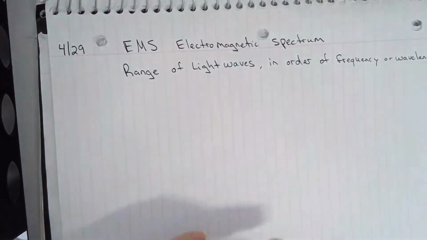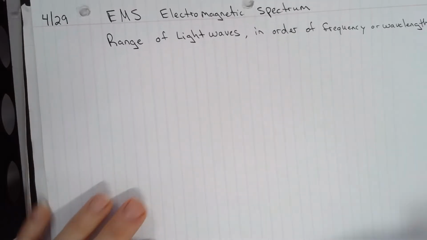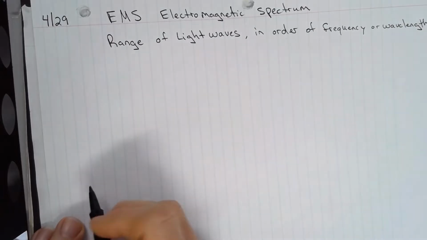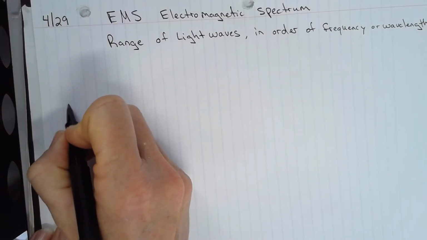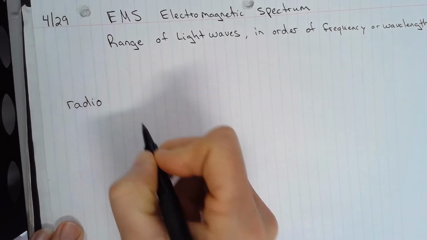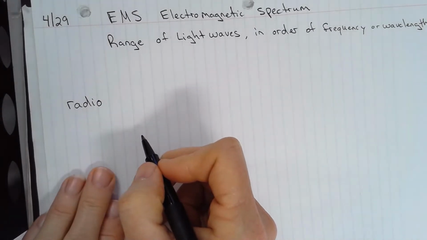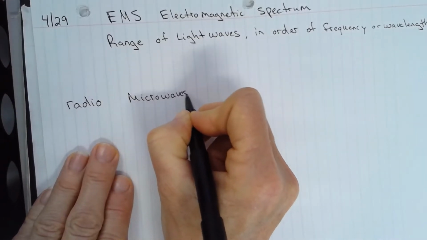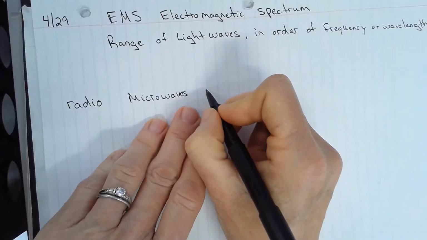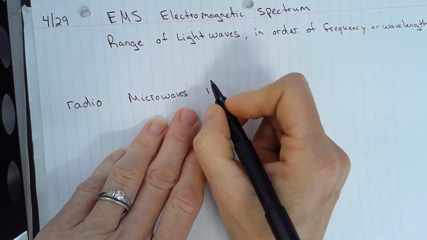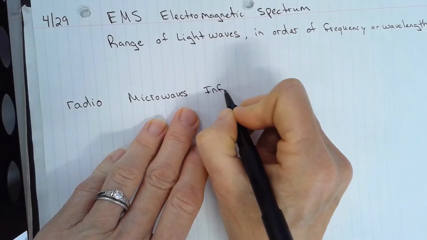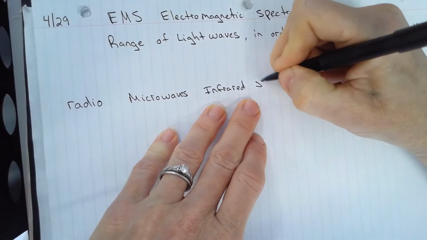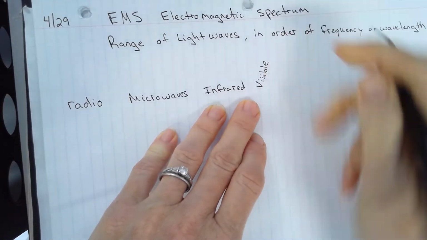Okay, so let's start with drawing our electromagnetic spectrum. So our electromagnetic spectrum is made up of radio waves, microwaves, infrared, visible, and I'm going to write the visible here because the visible is the smallest section.